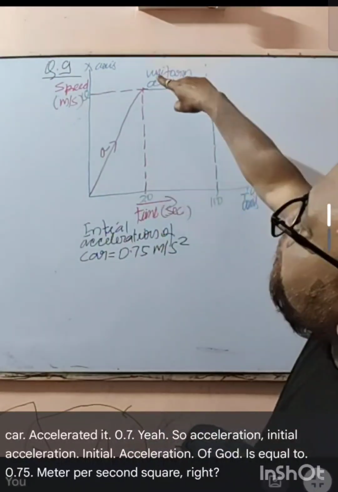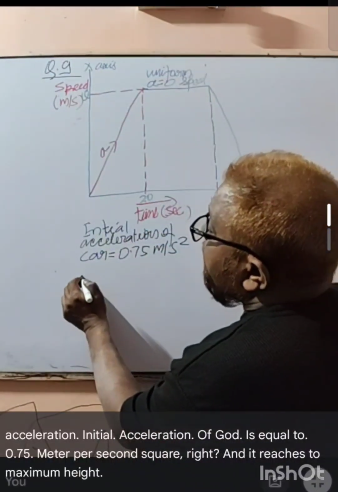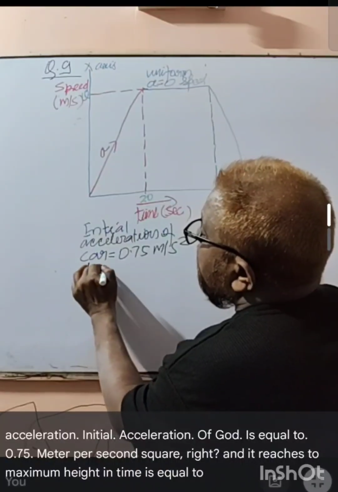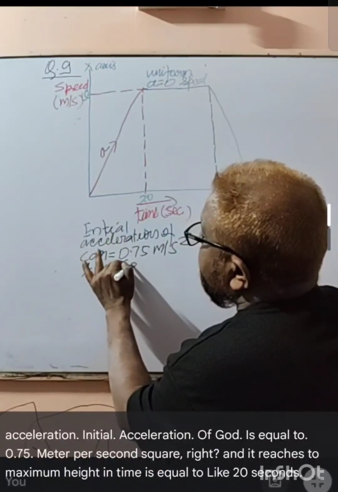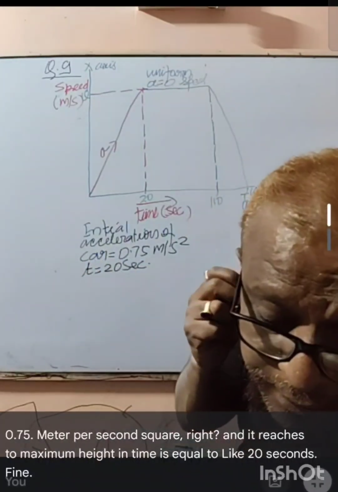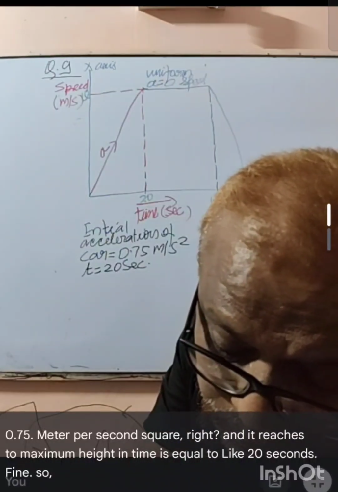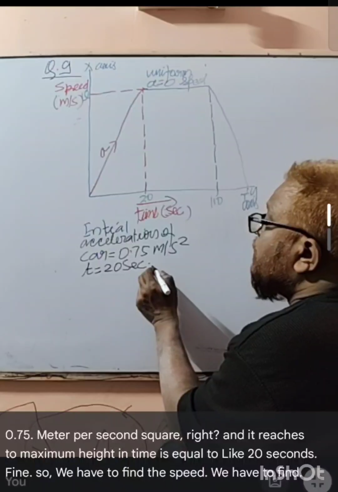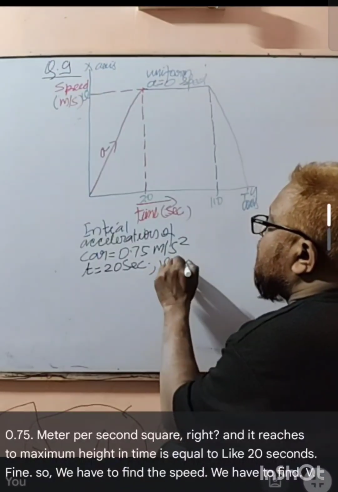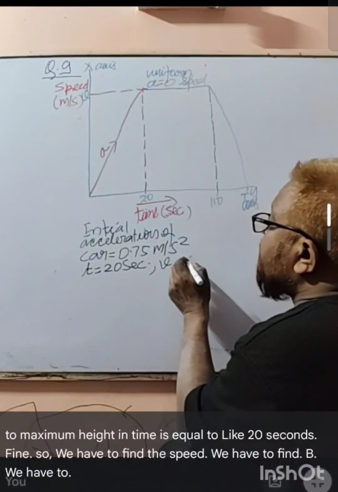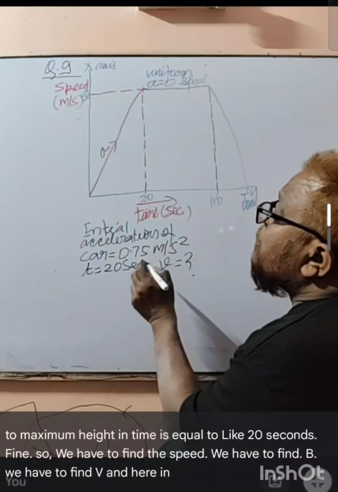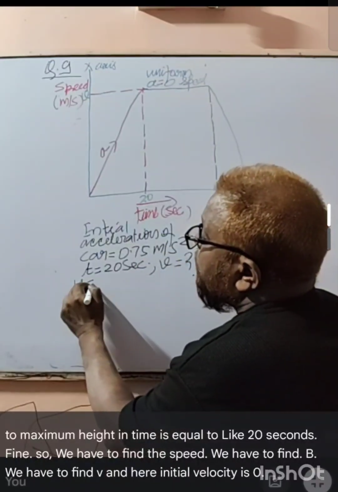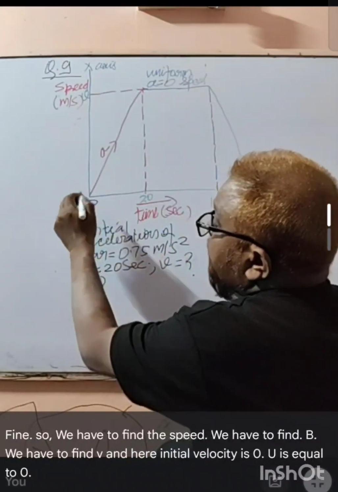And it reaches maximum speed in time is equal to 20 seconds. Fine. So we have to find the speed. We have to find V, and here initial velocity is 0. U is equal to 0, right?